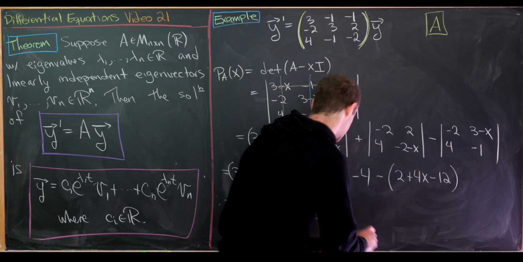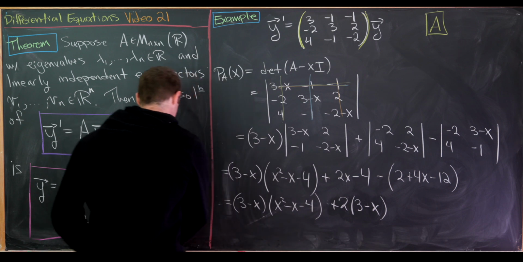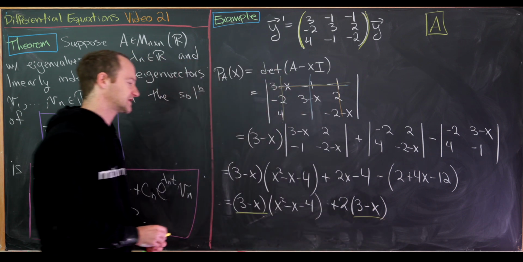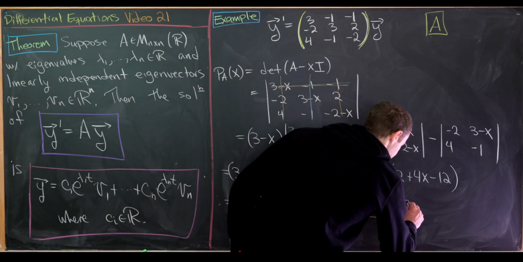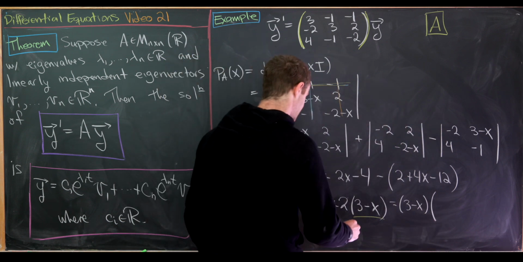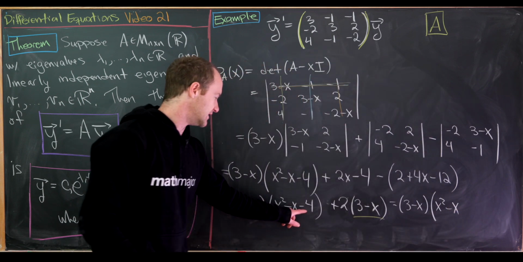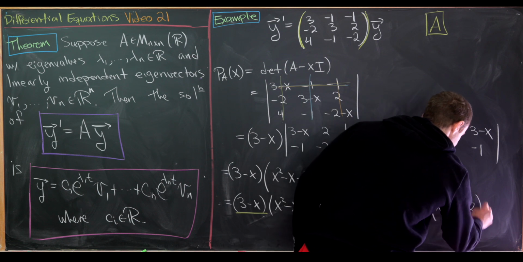And if we factor a 2 out of that, we have 2 times 3 minus x, which is great news because we still have a factor of 3 minus x from this first term. So that's going to give us 3 minus x times x squared minus x, and then we'll have negative 4 plus 2, so that'll be minus 2.